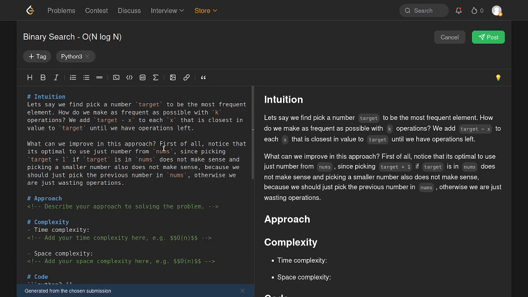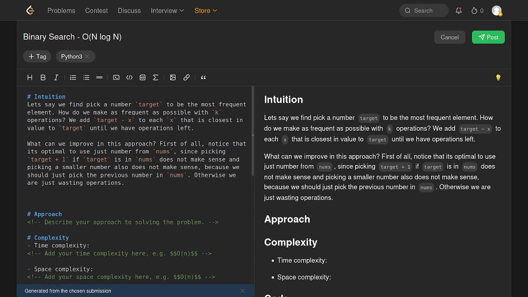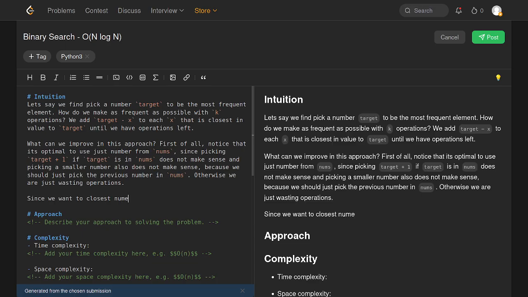This is absolute dog water. Longest sentence of all time. Anyways, so we just want to use numbers from there. Okay, so since we want the closest number, let's sort them.